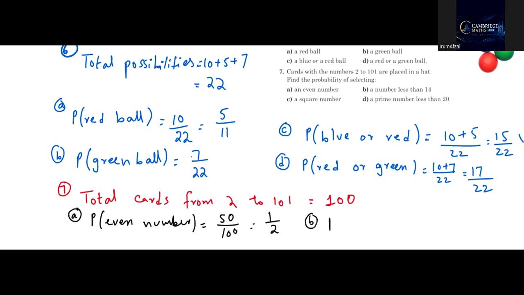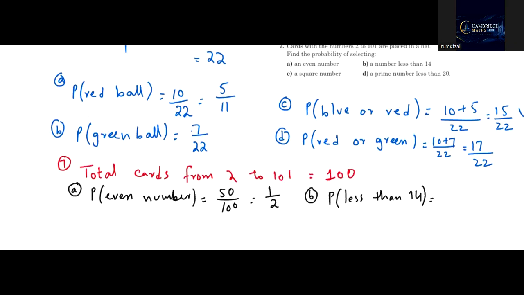Next is part B: the probability of a number less than 14. Starting from 2 and counting: 2, 3, 4, 5, 6, 7, 8, 9, 10, 11, 12, 13. As we start from 2, there are only 12 numbers, so 12 out of a total of 100.